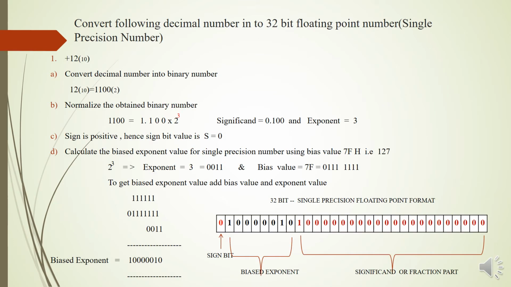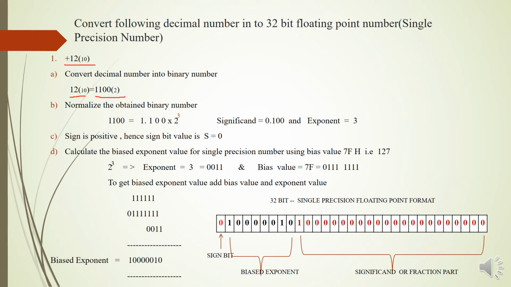Consider an example of converting a decimal number into a 32-bit floating point number. Here I have considered plus 12. Here the sign is positive and the magnitude is 12. Convert the given decimal number into a binary number.